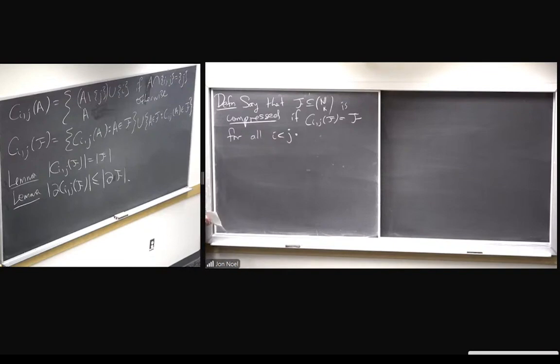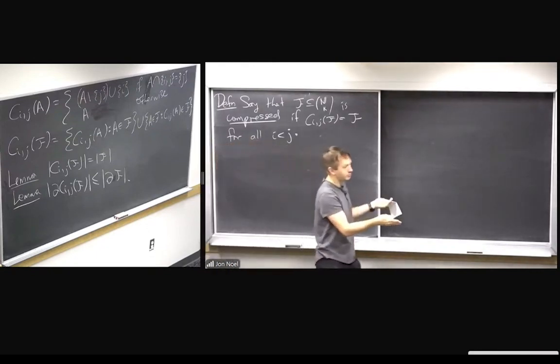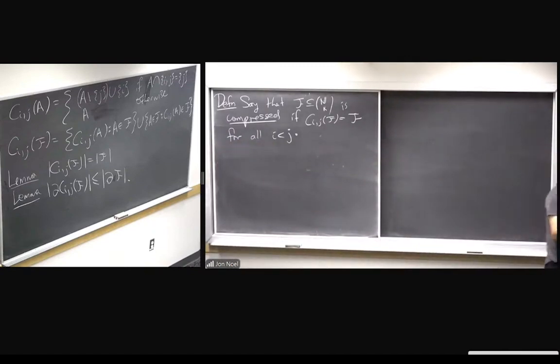You can think of this as somebody gives you a family, and you apply compressions to it: C_1,2, C_1,3, C_2,3, C_1,4, all of these different compressions. Every time you apply a compression, it stays the same size and the shadow possibly gets smaller. And then at some point you try doing compressions and it just can't get compressed anymore.